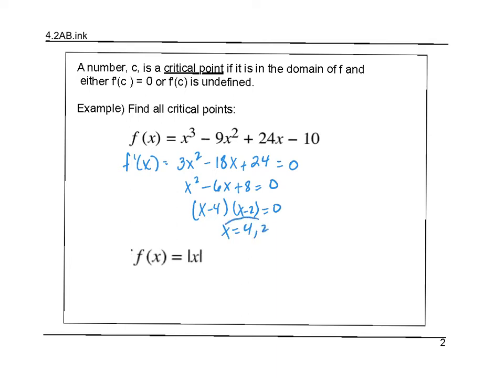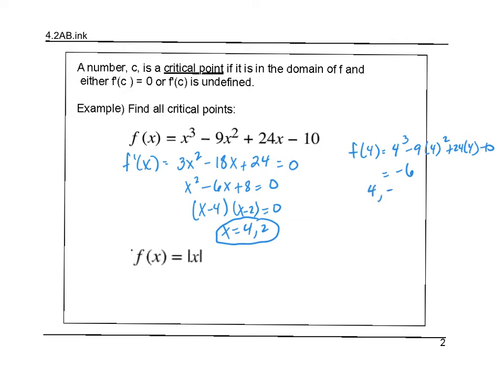So those would be the x values when the derivative is 0. And it's saying to find all of the critical points. So we're going to take those values and plug them in to the original equation to come up with the ordered pairs. So f of 4 would give us negative 6.